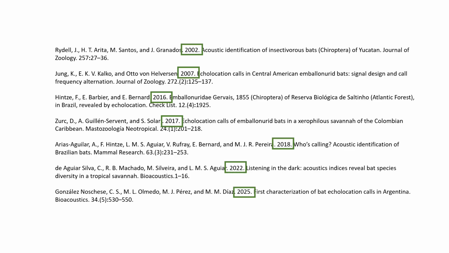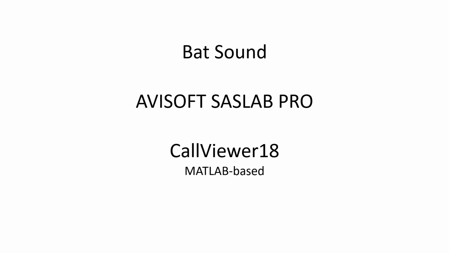Looking at the methods section of most of these papers, most of them use three major software: BatSound, that's out of Lars Pettersson's lab or office in Europe, Avisoft, and Call Viewer, and then a couple used Raven, and maybe one may have used Audacity.